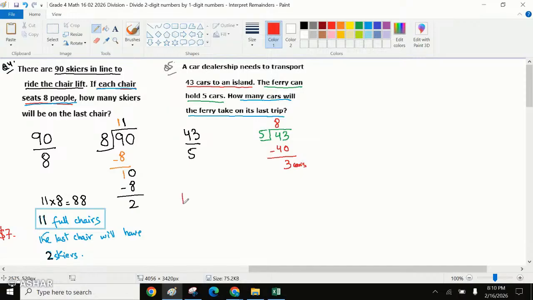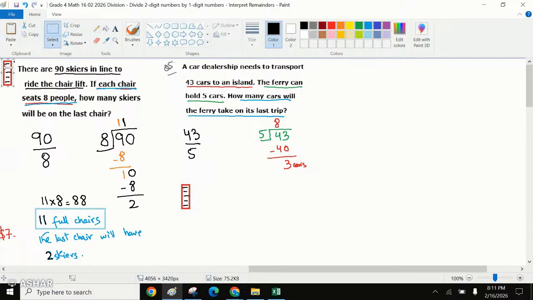That means there would be, okay, let's do this. If there would be, how many ferries? There would be 8 ferries that would be completely full, right? If I would mark 5 markings over here. 1, 2, 3, 4, 5. First ferry has 5 cars.